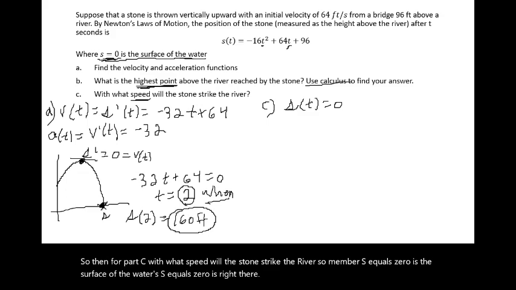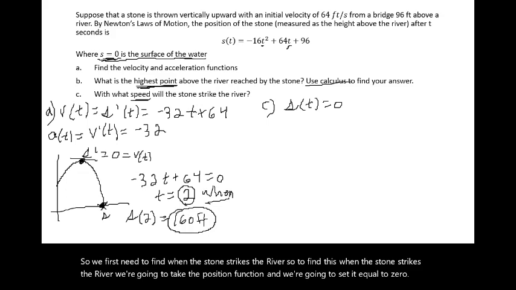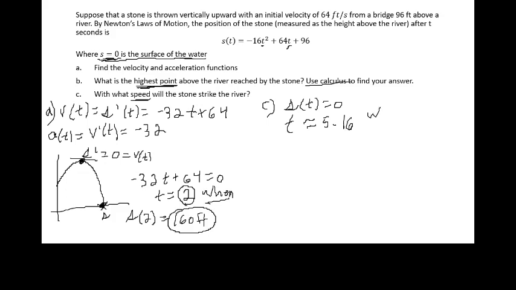You can either use the quadratic formula or a graphing calculator. You can ignore the negative t-intercept and just look at the positive t-intercept. With either the quadratic formula or a graphing calculator, you get 5.16 as the time when the stone strikes the river.